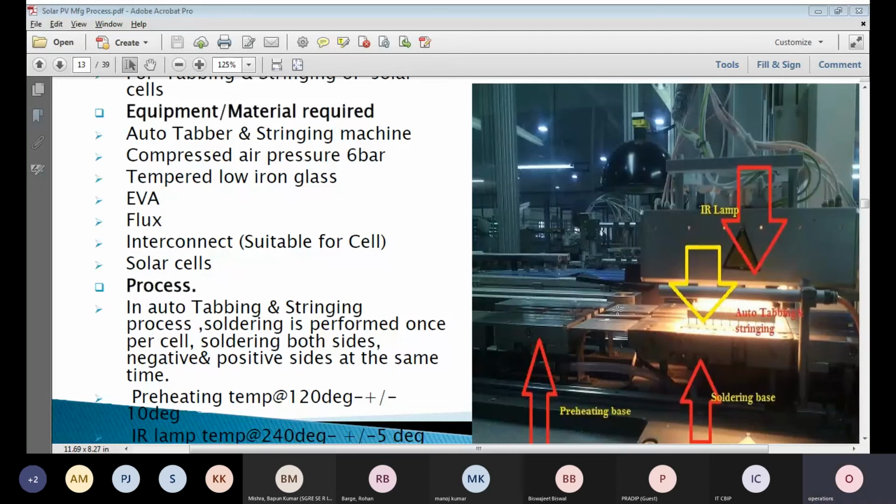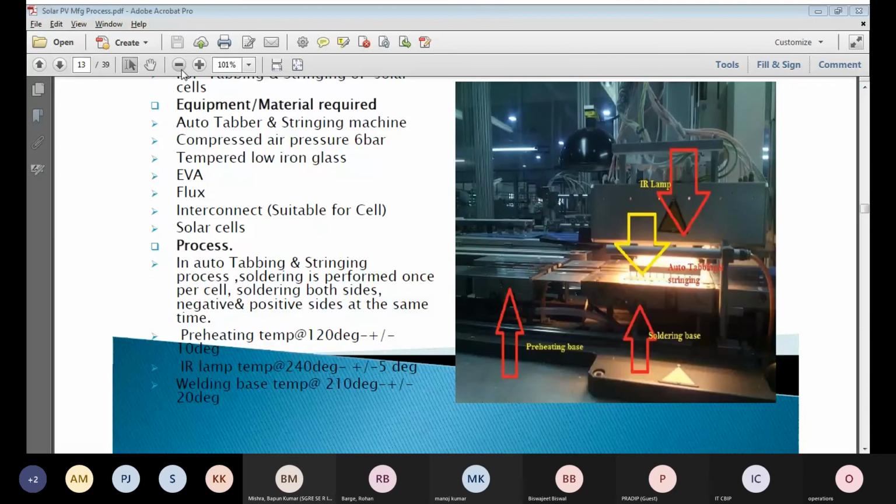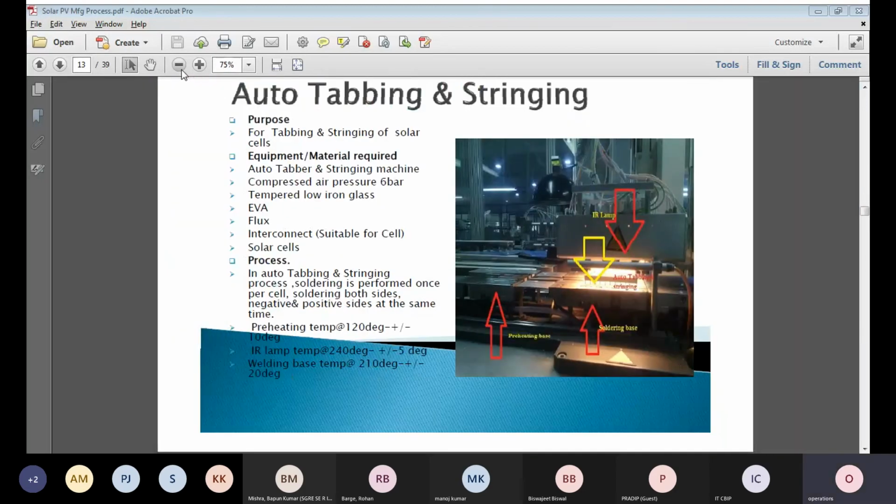The cells come here, with the copper on top and bottom at the same time, and it solders here. So this is the automatic tabbing stringing process. I will show the video also later for understanding.